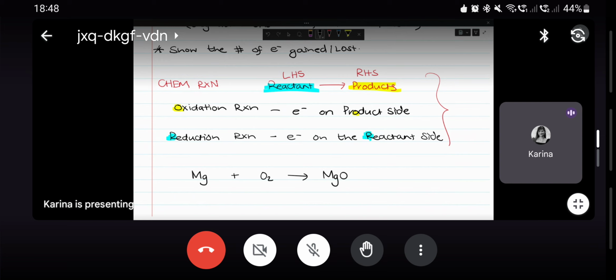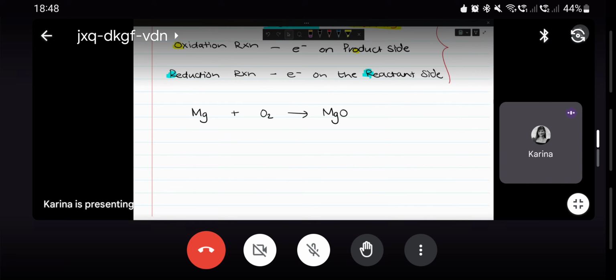Let's pretend this was the exam and we just saw this equation in the question. And let's say the question is asking which is the oxidation substance, which is the reduction substance, which is your oxidizing agent, which is your reducing agent, and write down your half reactions. So we want to go through all of those things.